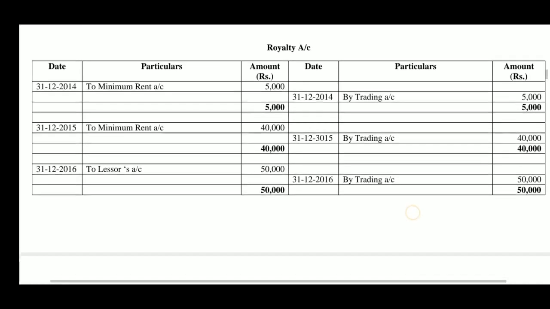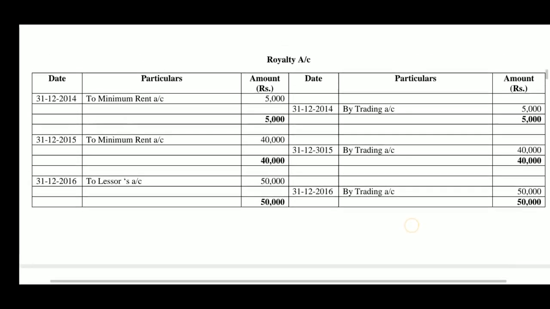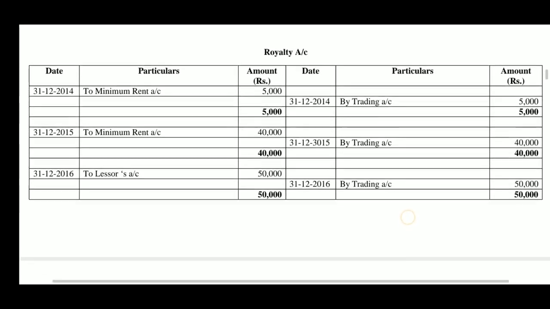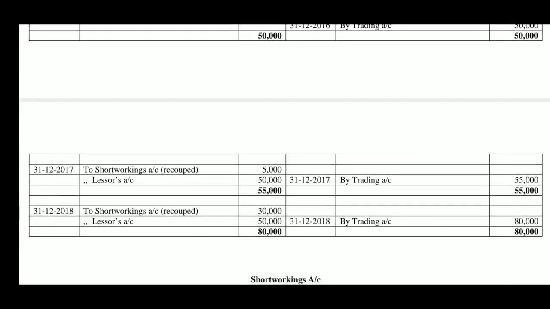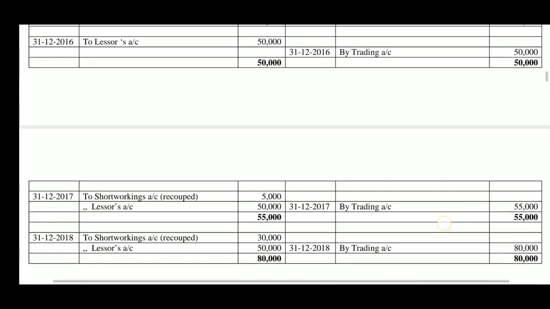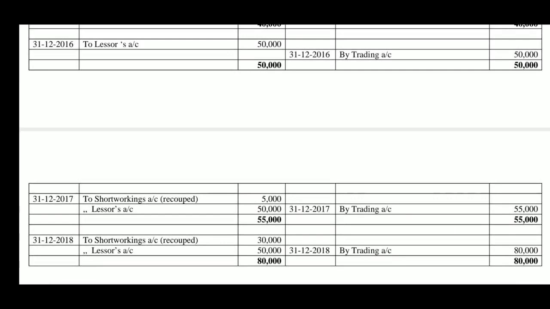Next, in the year 2017, recoupment is now made. Therefore, royalty account debtor to short workings account 5,000, to lessor's account 50,000. As already said earlier, I have passed 2 entries, but while making the posting, I have considered a separate combined entry.